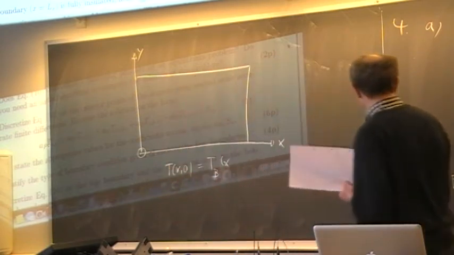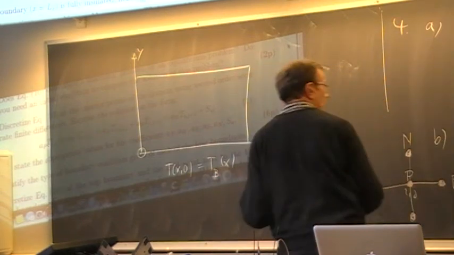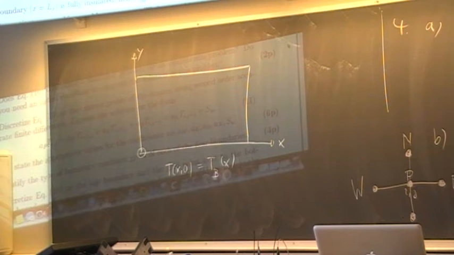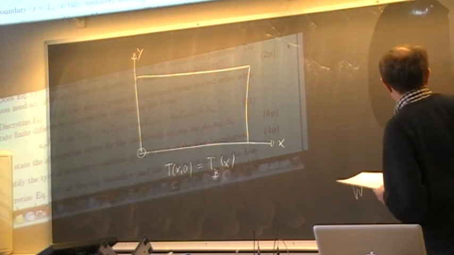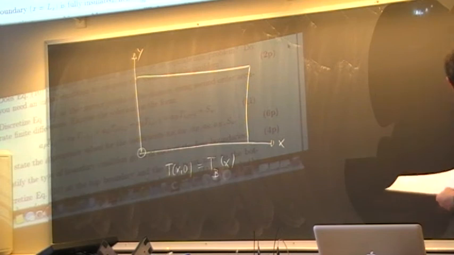So what kind of boundary condition is this? The value is given at the bottom boundary. What's the name of this boundary condition?